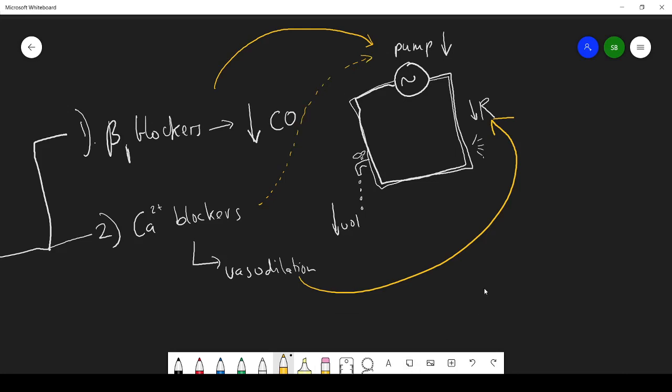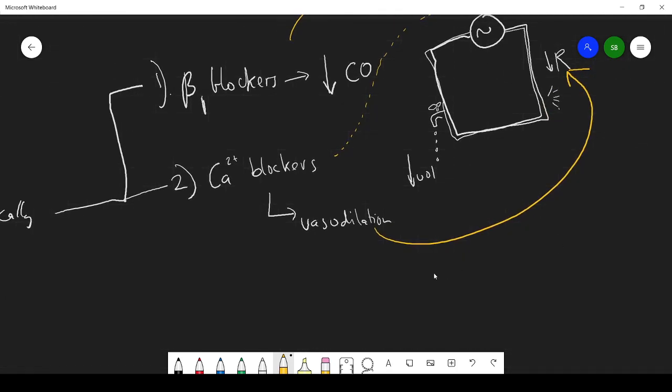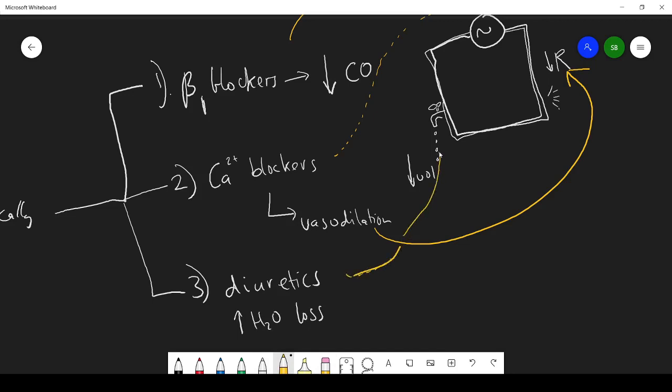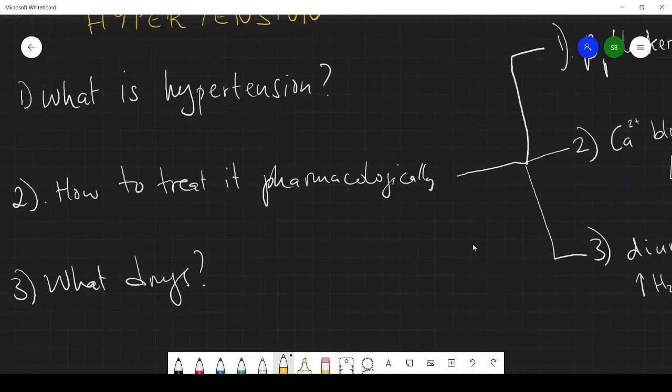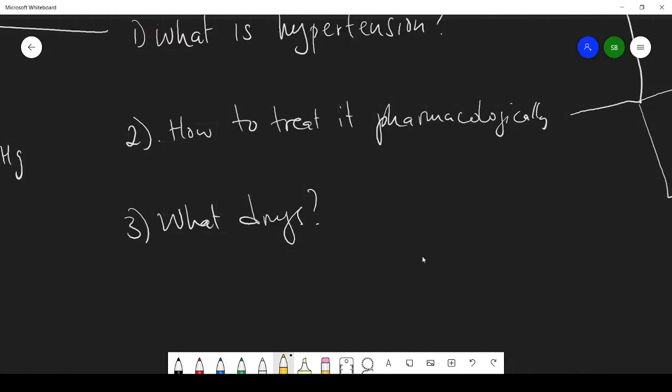And then the third main thing that we can do, this isn't exhaustive by the way, but these are the main ones, is to add diuretics. Diuretics make you lose water, they make you go to the loo. So the idea is to increase water loss, and what they're doing is doing this bit here, getting you to lose water. So those are the main ways to treat it pharmacologically.